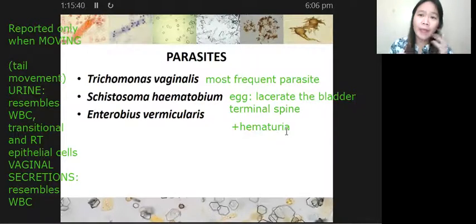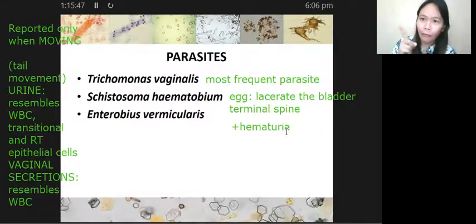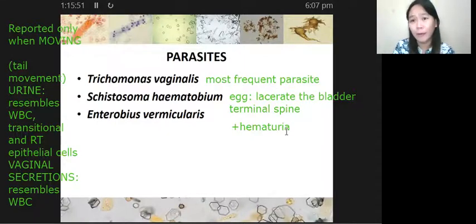Kasi, kung may hematuria at nakakita ka ng parang itlog ng Schistosoma hematobium, malamang Schistosoma hematobium nga yan. Okay, so Schistosoma hematobium, conspicuous lateral terminal spine plus hematuria, we have Schistosoma hematobium.